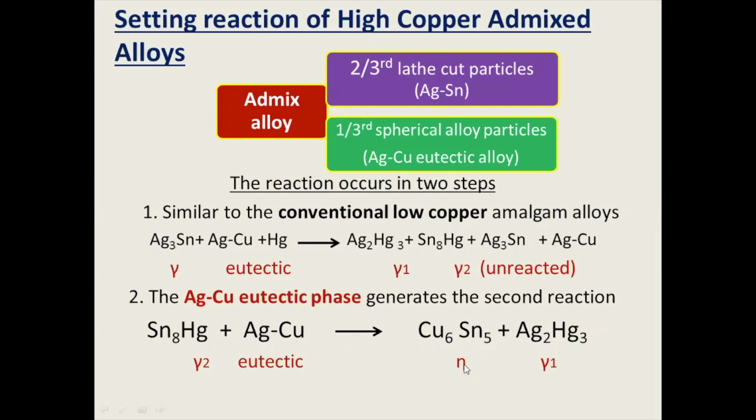The eta phase will form only when the copper concentration is above 12%. At least 12% copper should be there, otherwise the eta phase will not be formed.